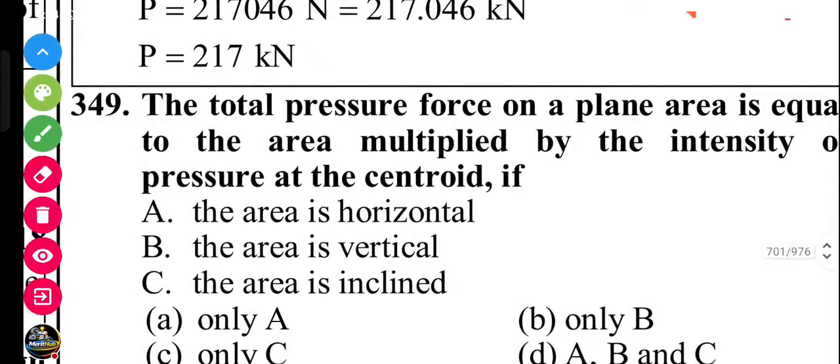Next question: the total pressure force on a plane area is equal to the area multiplied by the intensity of the pressure at the centroid.